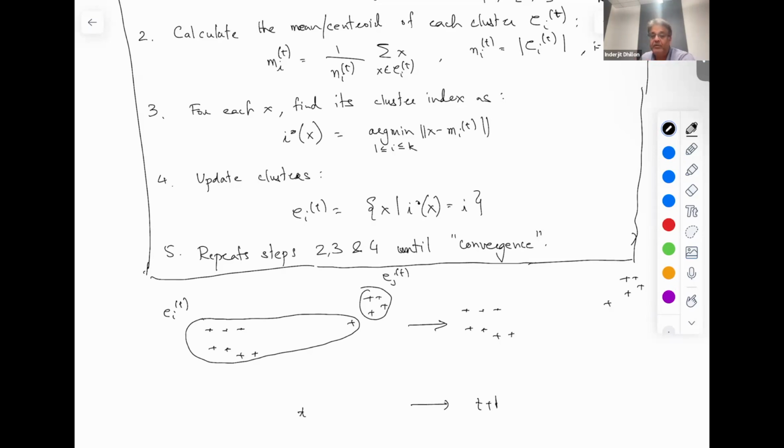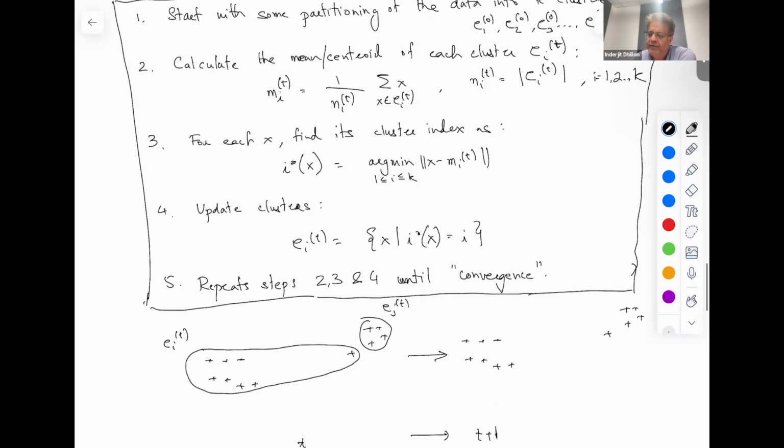Okay, let's think about the algorithm. I have some clustering, and it computes the mean of each cluster. So what is the mean of this cluster, Ci? It'll be somewhere over here.